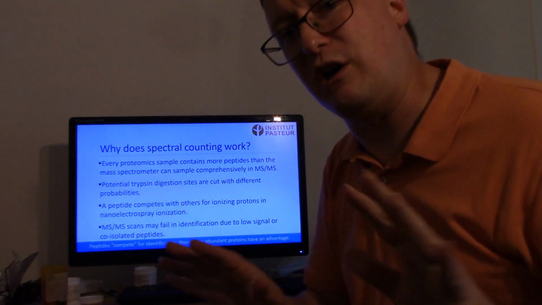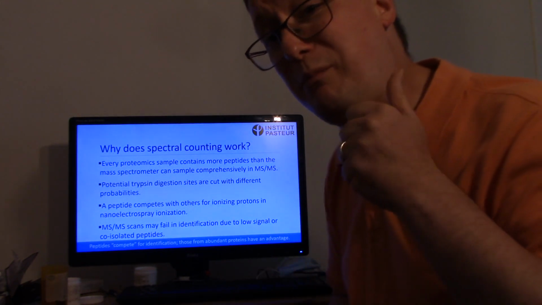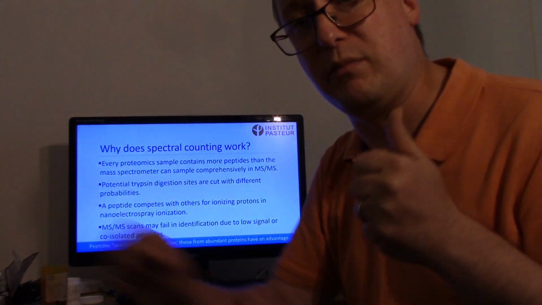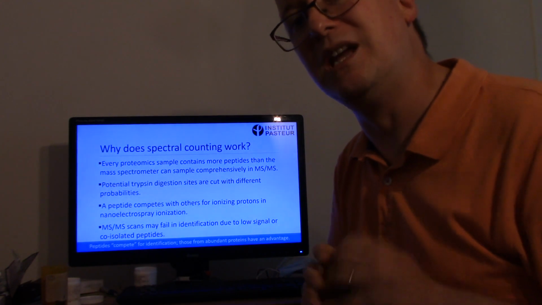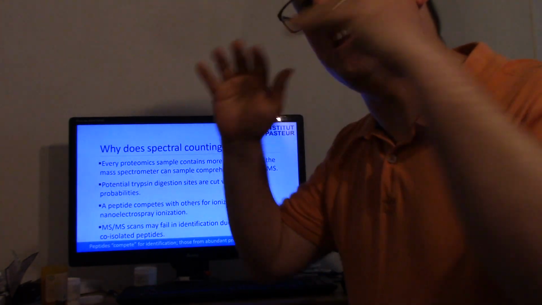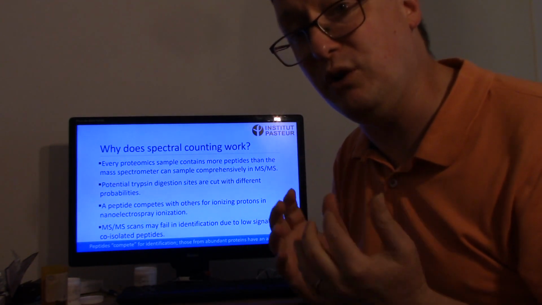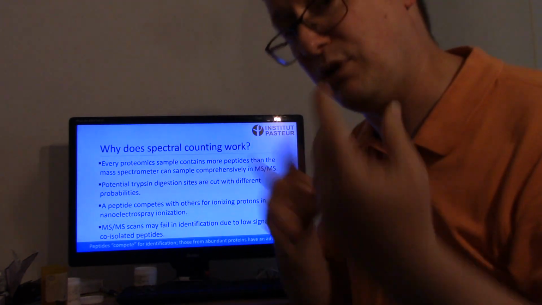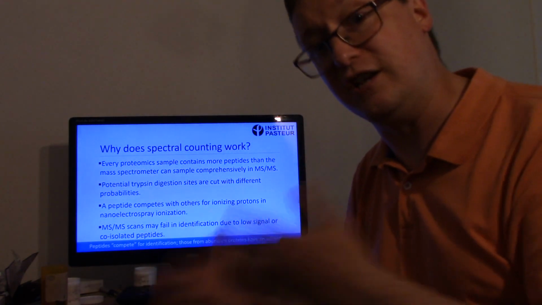But we're not really talking about the number of times an individual peptide is being measured in a tandem mass spectrum. Instead, we're saying that the set of peptides observed for a protein increases when that protein is present in greater abundance than in another case.